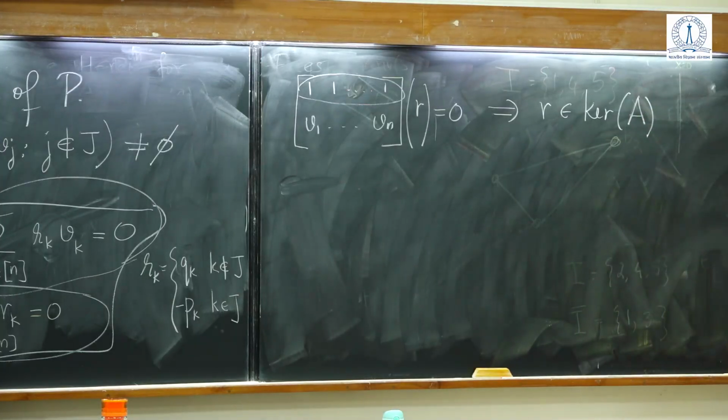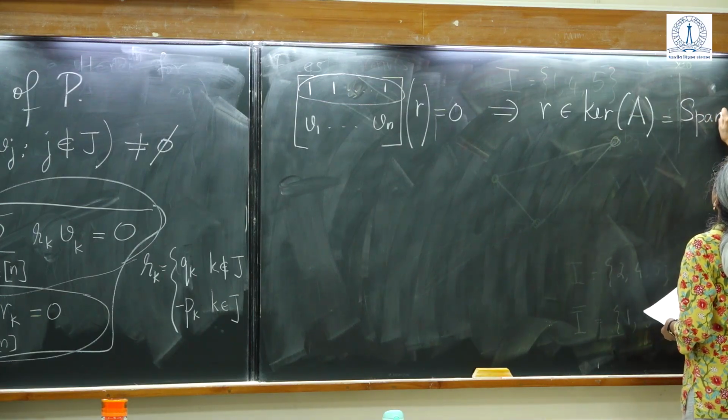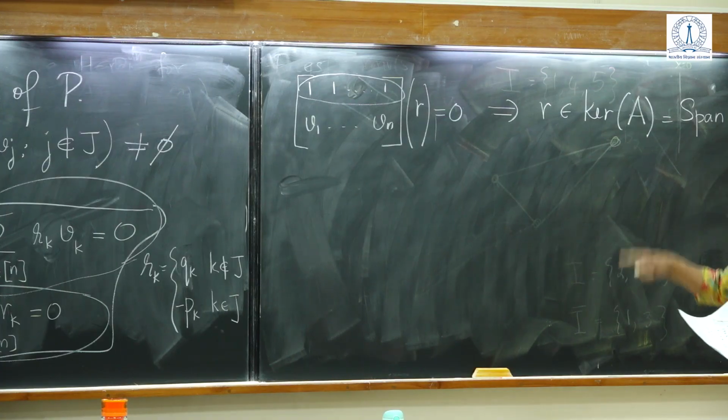Now remember that the kernel of the A matrix is spanned by the columns of B. That's how we constructed B. So R lies in the kernel of A, which is the span of the columns of the B matrix. So can you write R in terms of B?